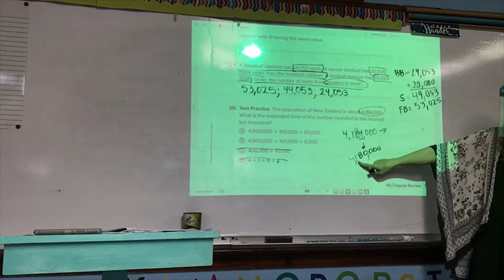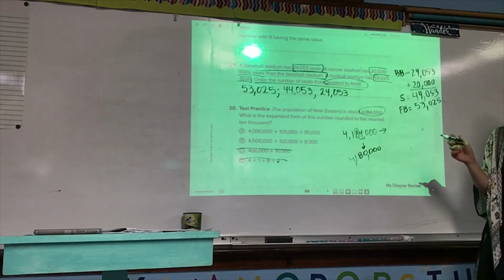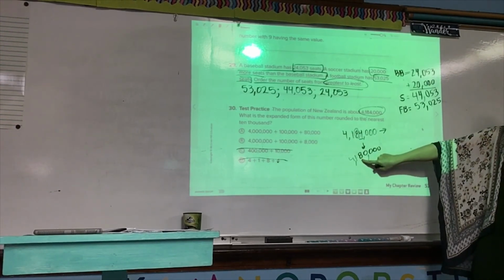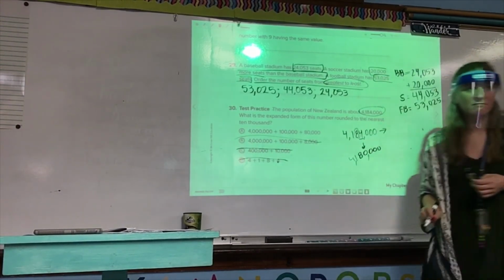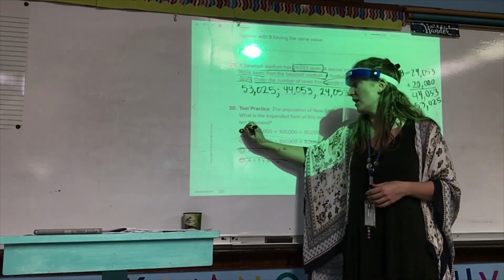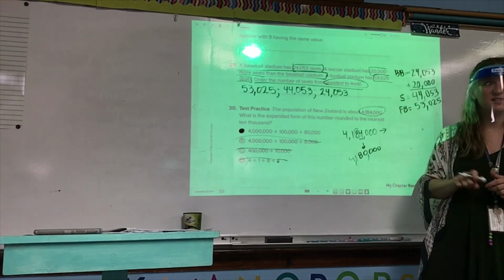How much is this 1 in the 100,000s place worth? 100,000. Well, we've got that in both places. So can we narrow down yet? No. How much is this 8 in the 10,000s place worth? 80,000. This says 8,000. So we know that's not right, leaving only one option. So the answer is what? Tell me the letter first. A.